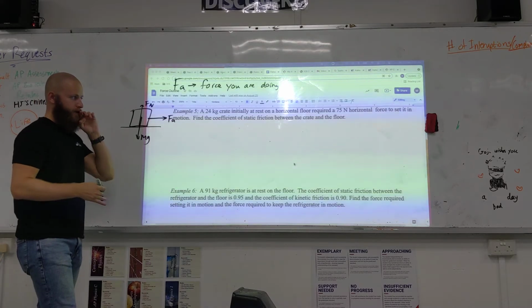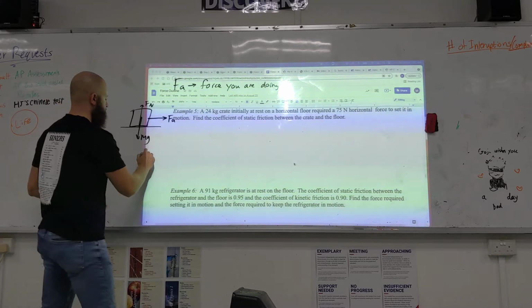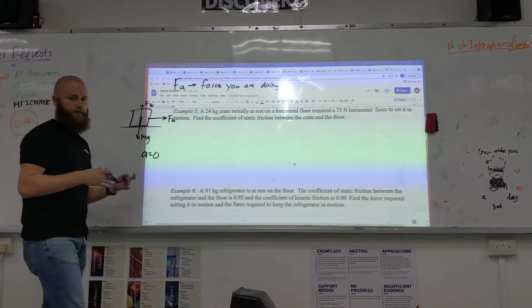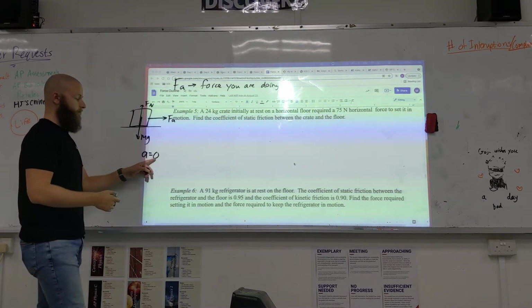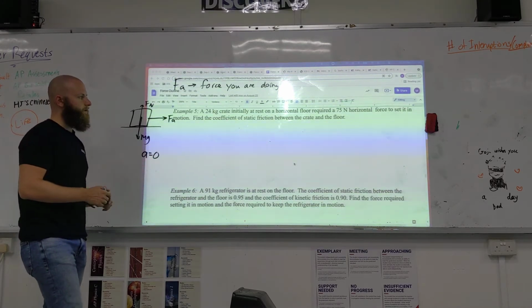Right before it starts moving, what's the acceleration? Yes, the acceleration will be 0 before it starts moving. After it starts moving, we'll have some sort of acceleration, but right before, it's 0.